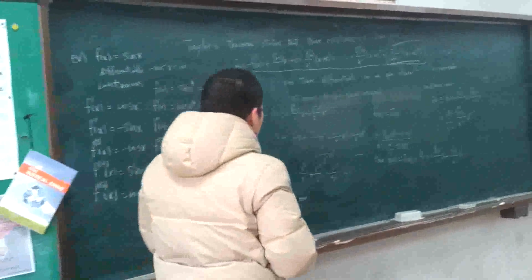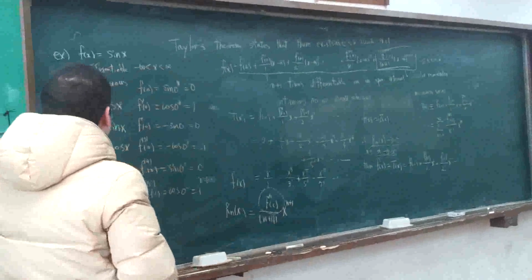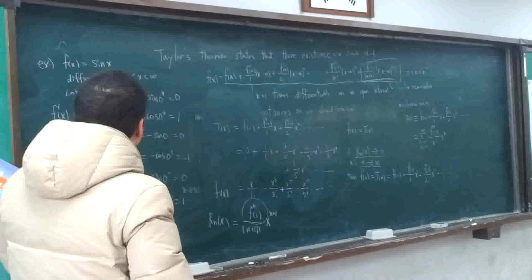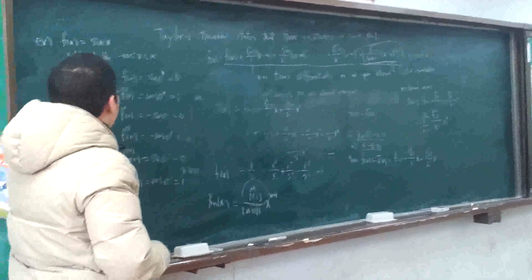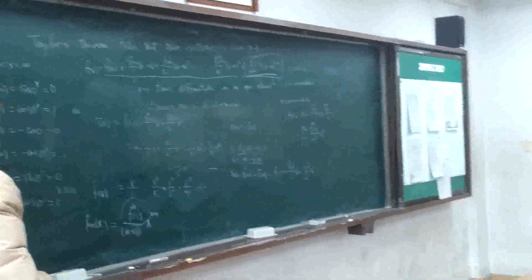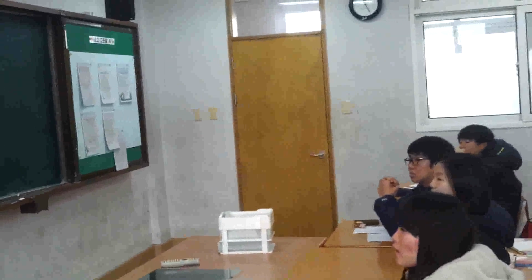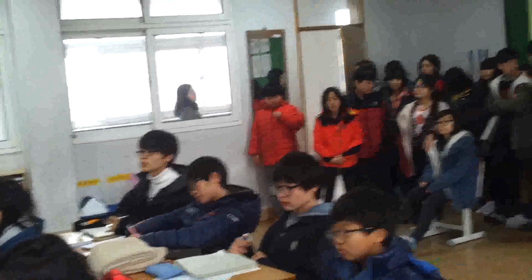We have to find the value of the (n+1)th derivative of f at c. But if you see here, can you see something in the derivatives of sine x? If differentiated, it's cosine x, and if differentiated again, minus sine x, then minus cosine x, sine x, cosine x, it goes like that, right?